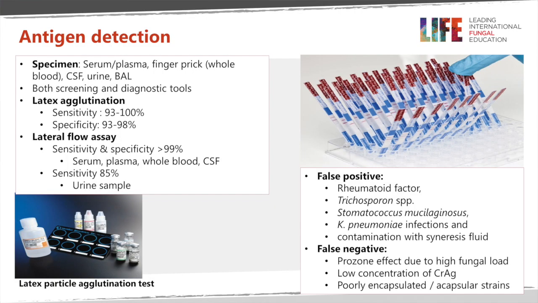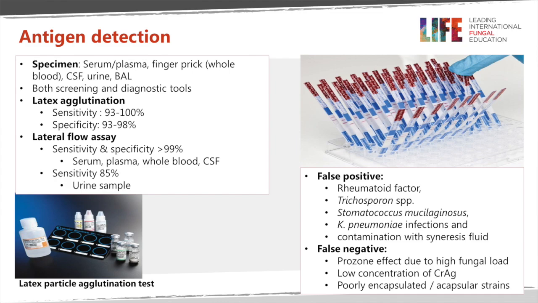So here we are then, some summary details about antigen detection. As I've said already, the ideal specimens are CSF, serum, a finger prick. This is now being described as a useful sample to use, and something not shown on the slide, but also saliva. It appears that cryptococcal antigen is present in the saliva of patients with cryptococcal disease.